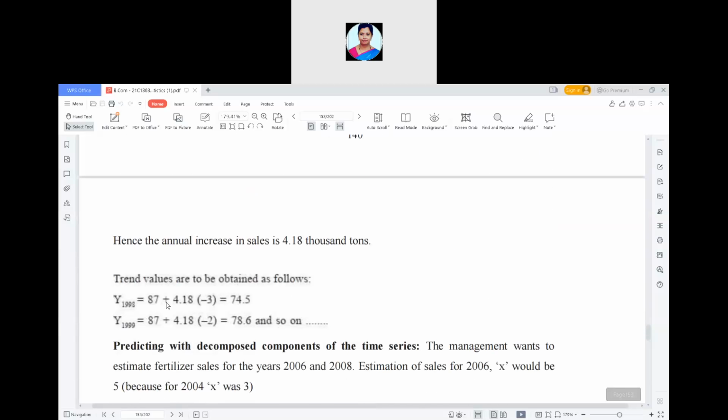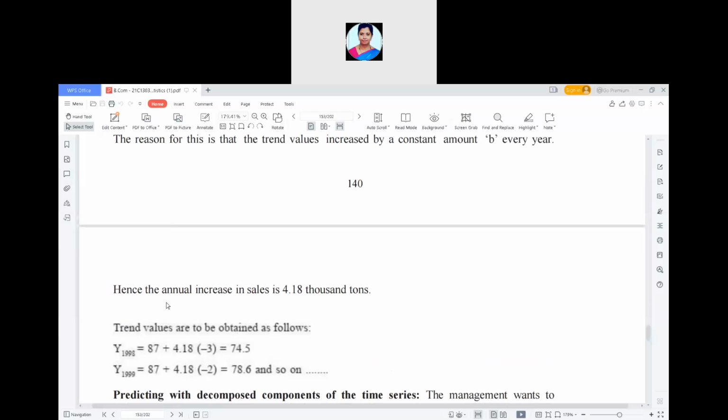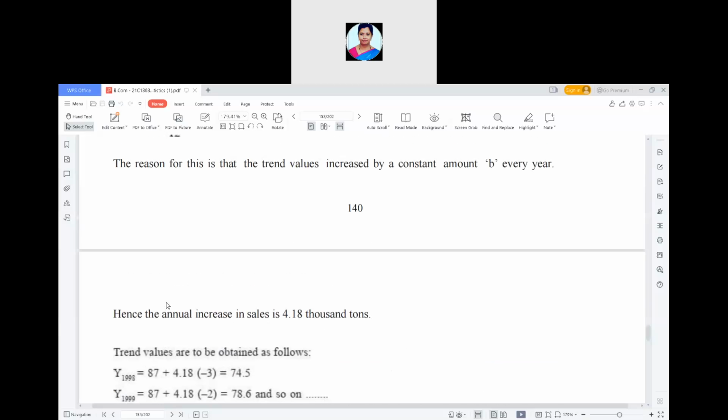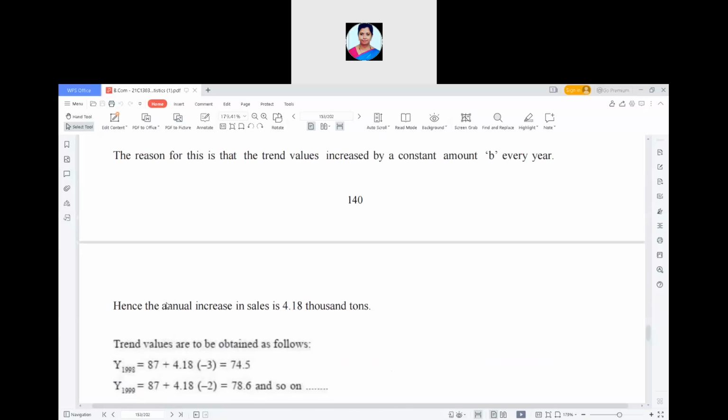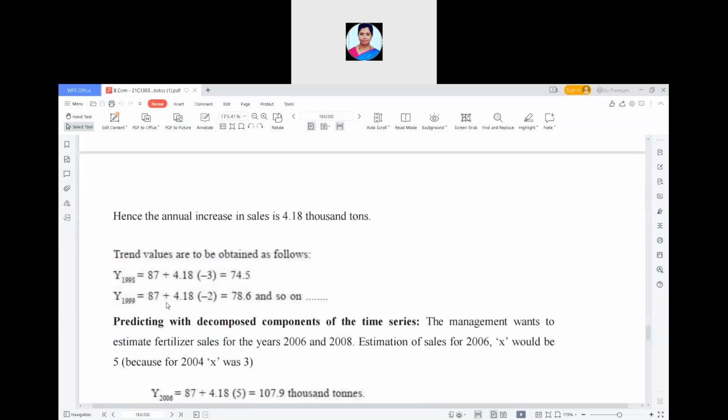The trend values obtained are as follows: y for 1998 is the same value we have. For 1999, 87 plus 4.18 into 2, which is 78.6, and so on. In this manner we can apply the method of least squares.